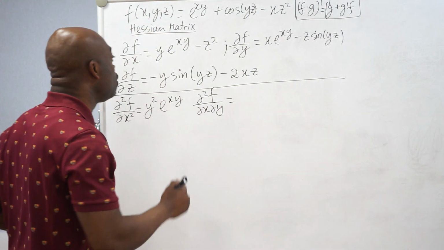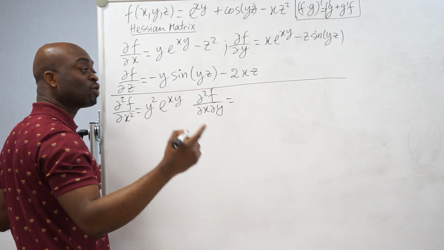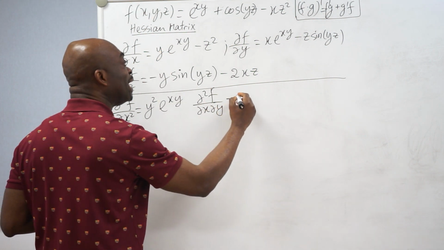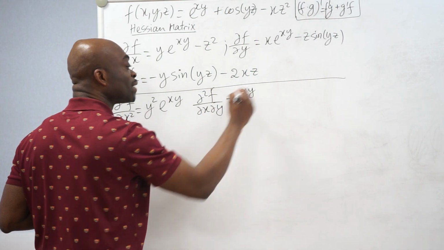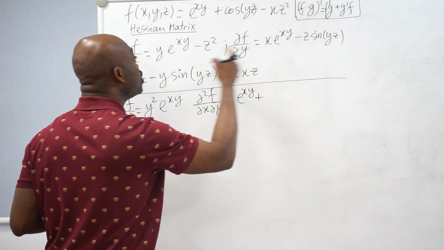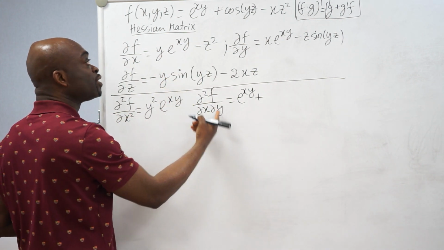That's what we're going to do. What's the first function here? That's y. The derivative of y is going to give us 1, because it's with respect to y. So that'll be 1 times e^(xy). And then that's a plus. Now g prime is what? With respect to y, what will that give us?